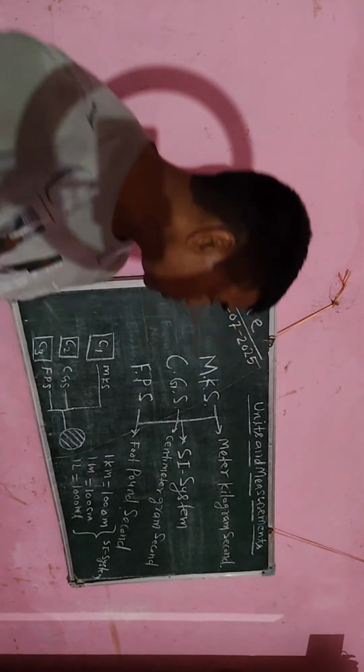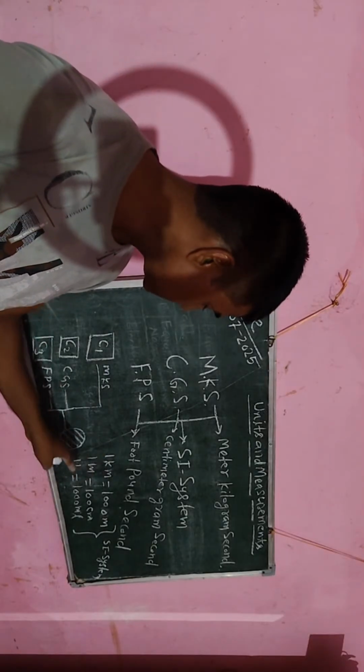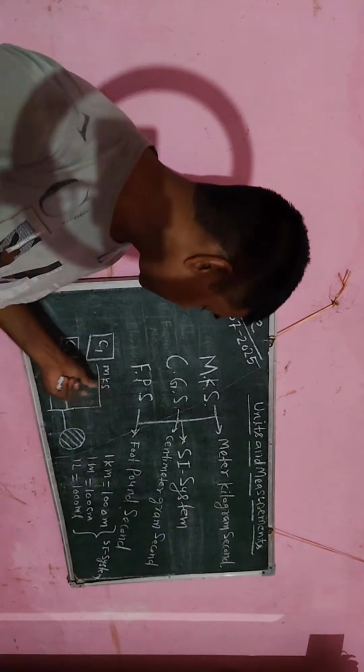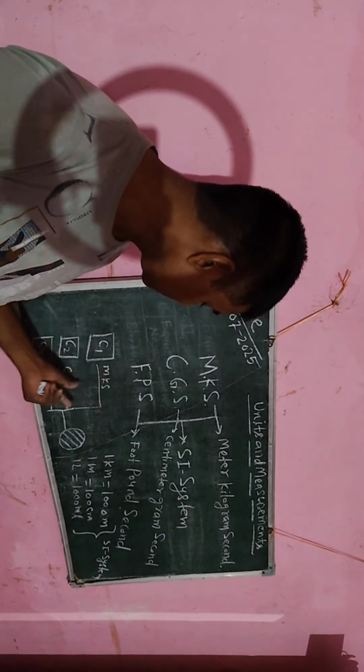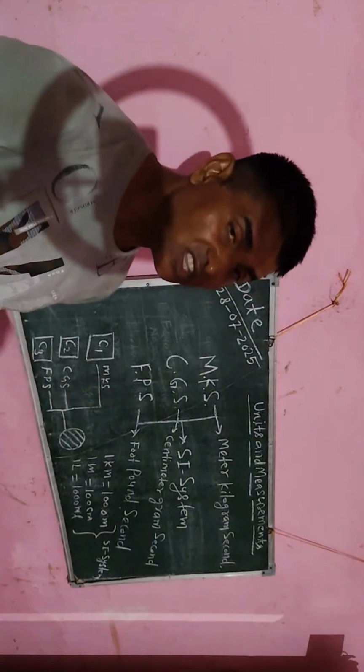Okay. So if you know these scales, with the help of these scales you can convert the MKS system into the CGS system, or from the CGS system to the MKS system.